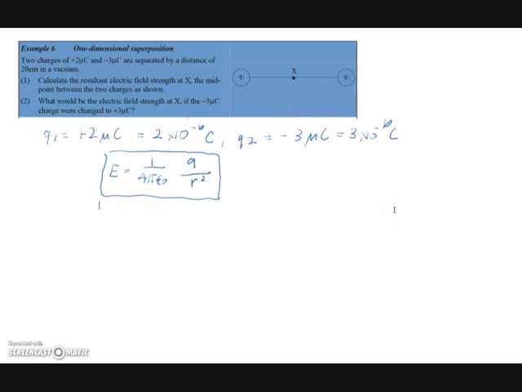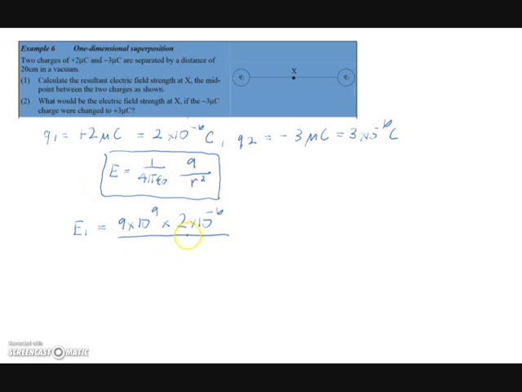So the first thing we have to do is see how much we're going to get from Q1. Let's figure out what E1 is. We know that 1 over 4 pi epsilon naught is 9 times 10 to the 9. We also know that Q1 is 2 times 10 to the negative 6.